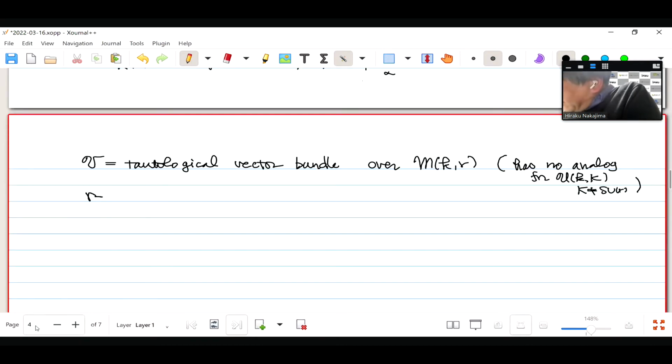If R equals 1, this is the Hilbert scheme of points.